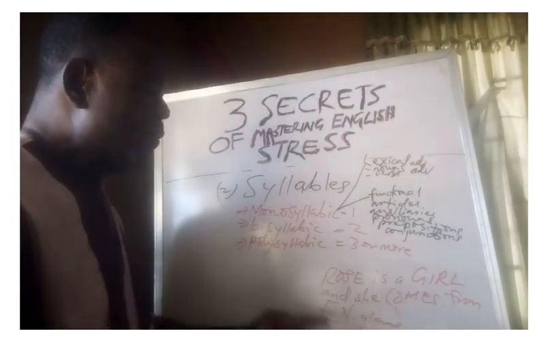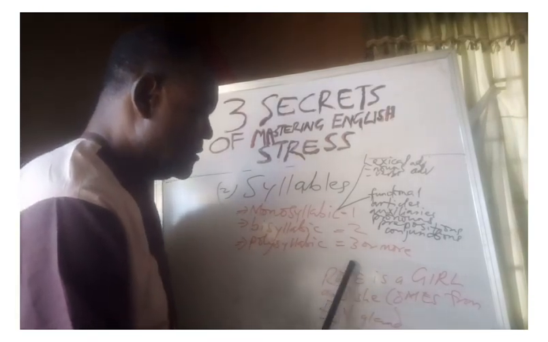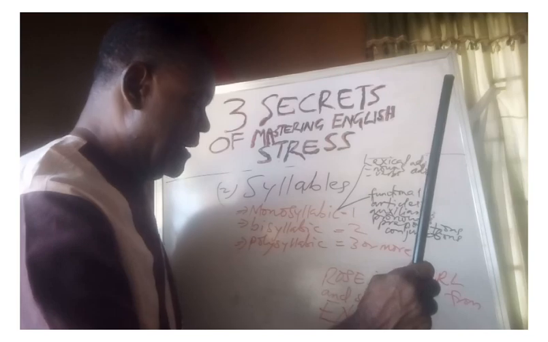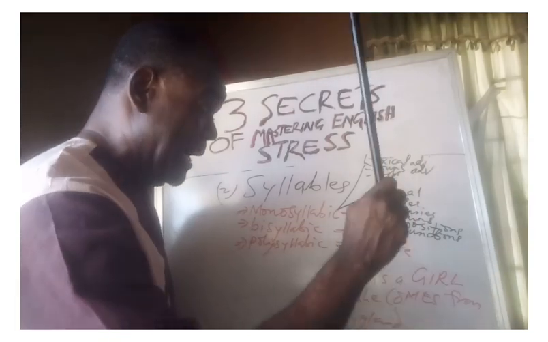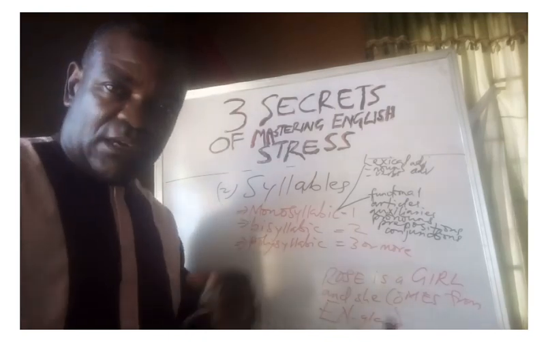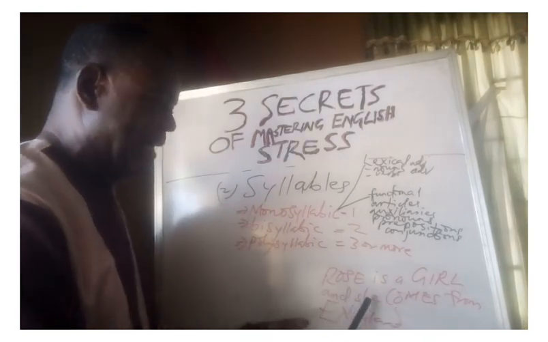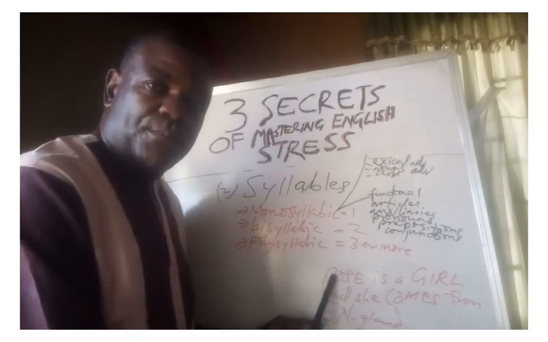Now, when we speak like this, Rose is a girl and she comes from England. I mean, in connected speech, we make this one faster, and this is given prominence.